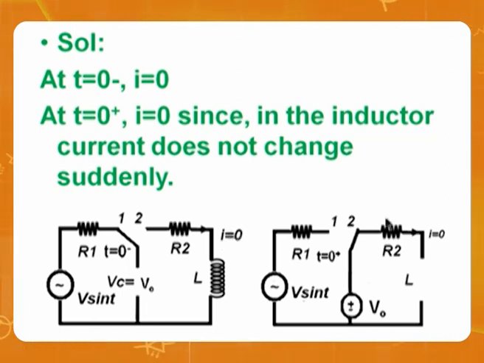Whatever the 0 current is here, same current is here. Therefore, you have the same conclusion: at 0 minus current is 0, at 0 plus also current is 0. Though there is a lot of voltage developed here, because this is an open circuit, current is not allowed to change.